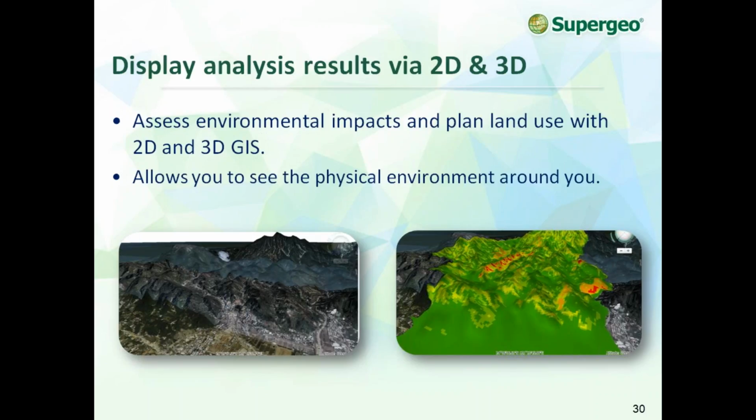Besides, SuperGIS Globe gives me the best experience to present the 3D effect, allowing you to see the physical environment around you clearly. And we overlay our analysis map results to indicate where is a suitable site and where is not. It gives me more information to show our results in 3D.